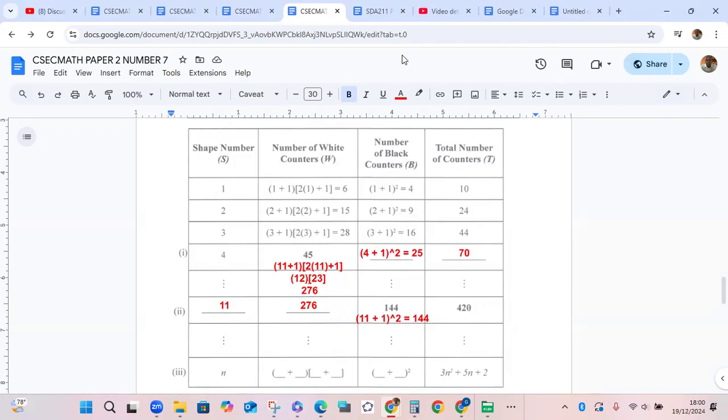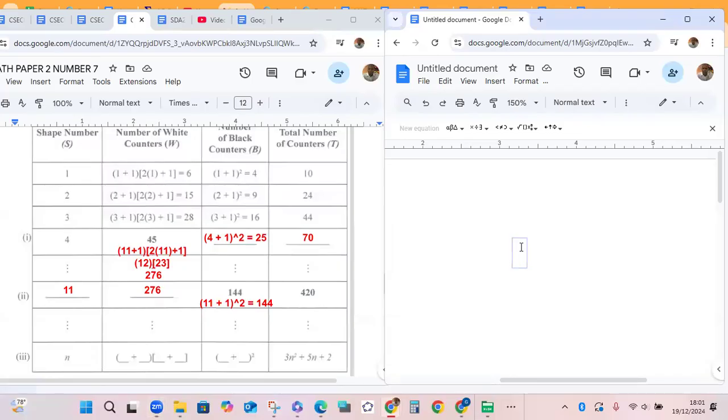Okay, so let us do this. In this cell, we'll have an open curve bracket, the ship number N plus 1, then close the bracket, then open a square bracket. Then we've got a number 2, which is constant.